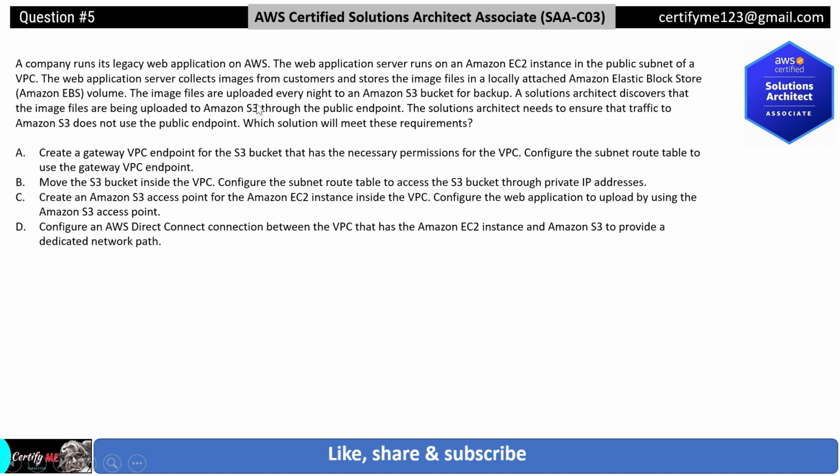The image files are uploaded every night to an Amazon S3 bucket for a backup. A solutions architect discovers that the image files are being uploaded to Amazon S3 through the public endpoint. The solutions architect needs to ensure that traffic to Amazon S3 does not use the public endpoint. Which solution will meet these requirements?